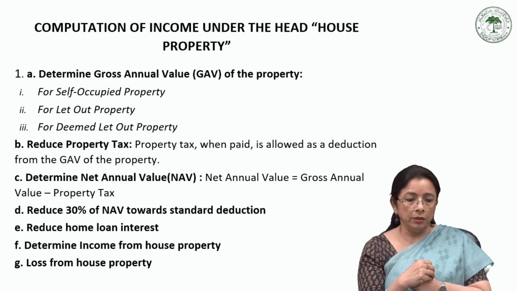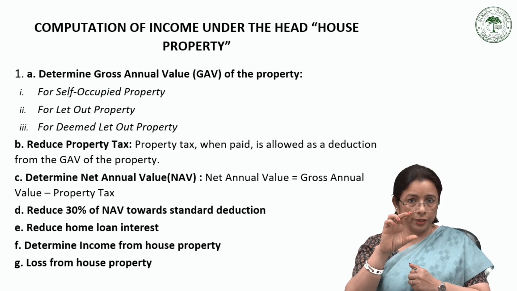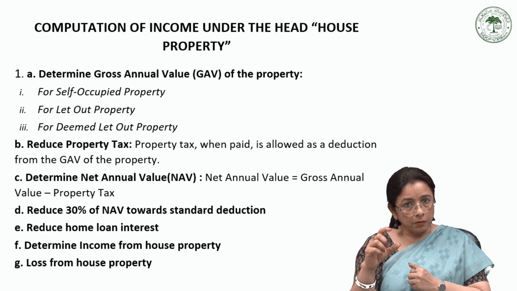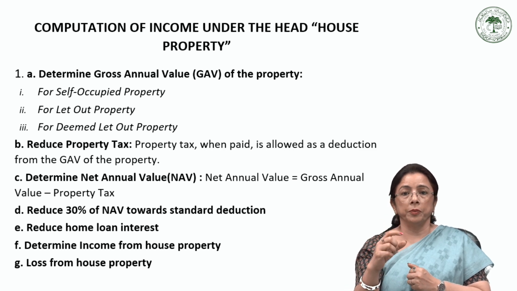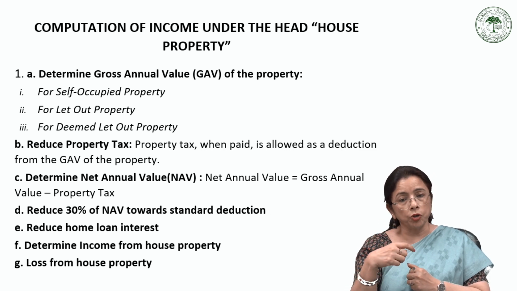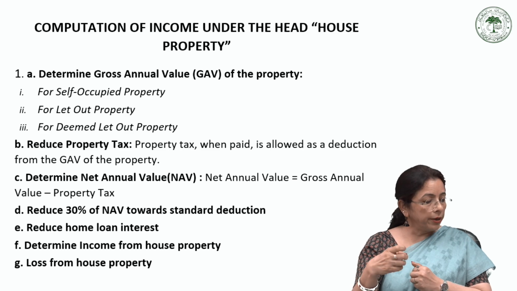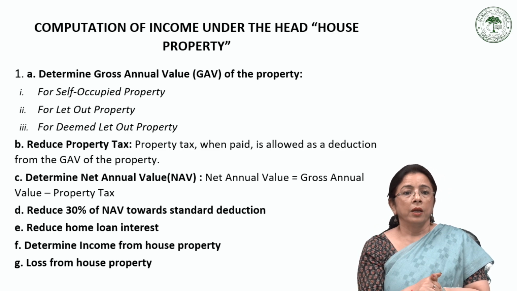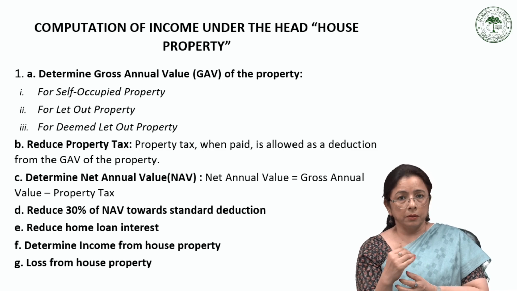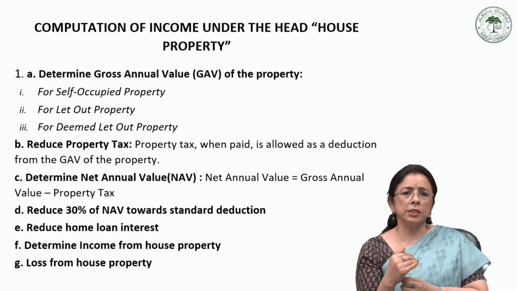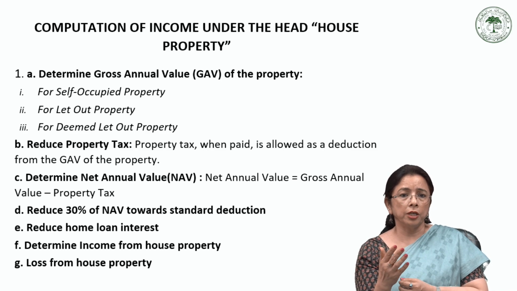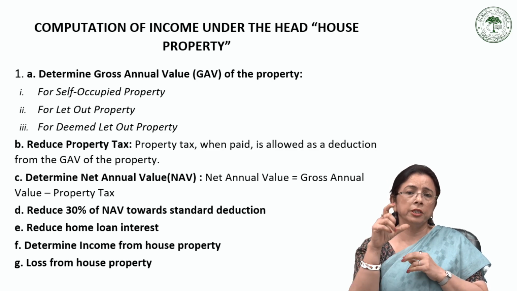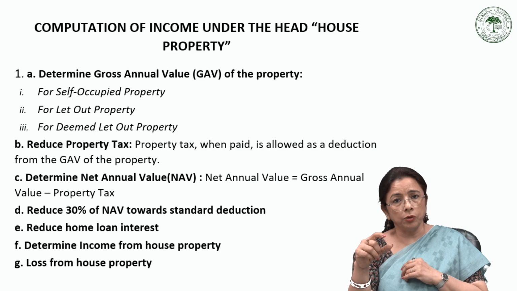So here, first of all, we have to check what is the actual use of the property, whether it is occupied by self, or it is rented out, or it is done partly. Once done, we have to understand that income from house property will depend upon the annual value of the house.